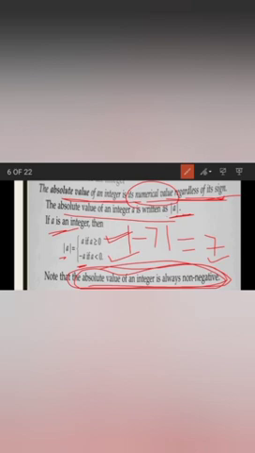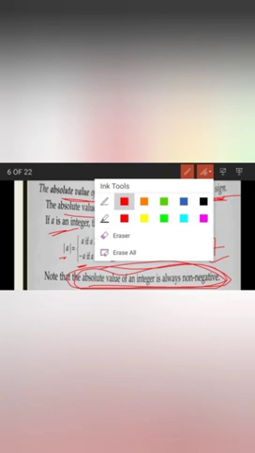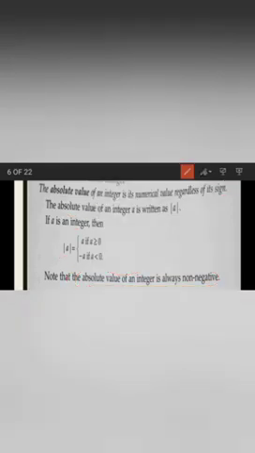So let us find one absolute value. How to find the absolute value of any number? For example, if it is given, find the absolute value of minus 3. So how to find it? The absolute value of a is minus a if a is less than 0.